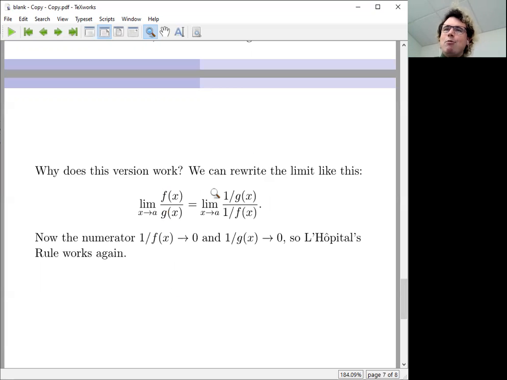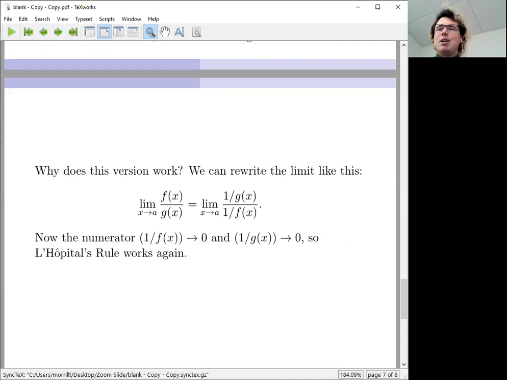So I'm going to rewrite this fraction as 1 on g of x all on 1 on f of x. So just a little bit of trickery with the way that I've chosen to express my quotient, but it's exactly the same result.